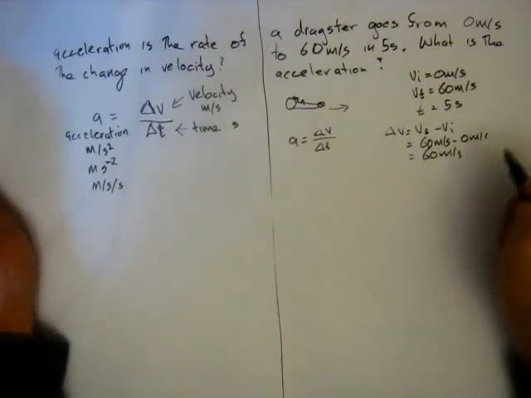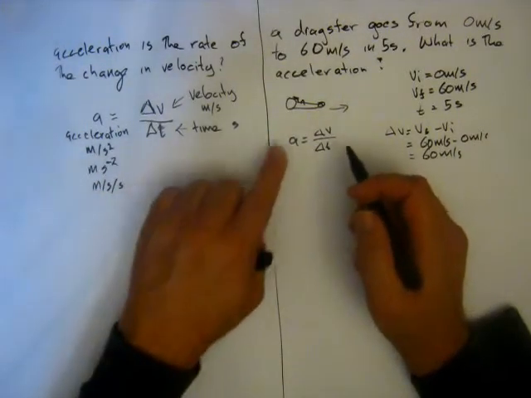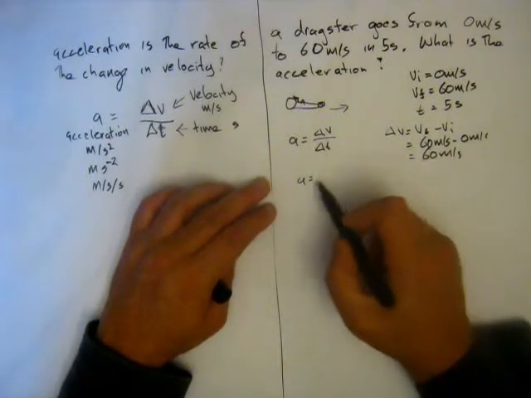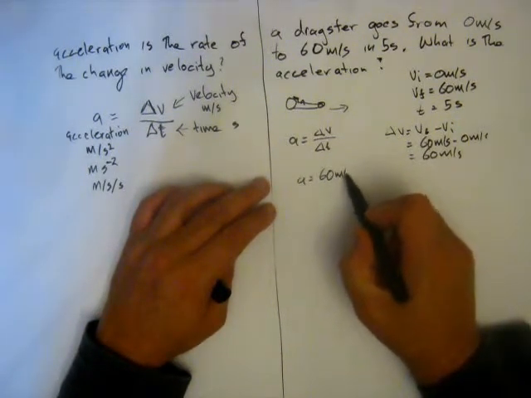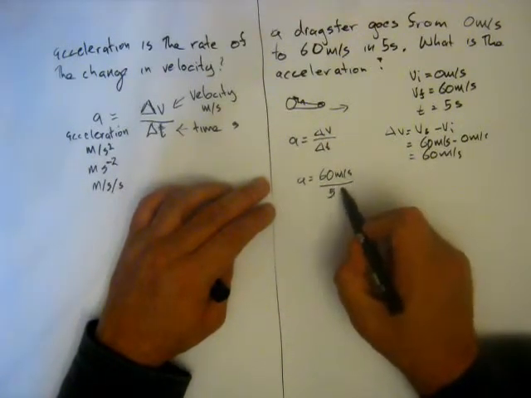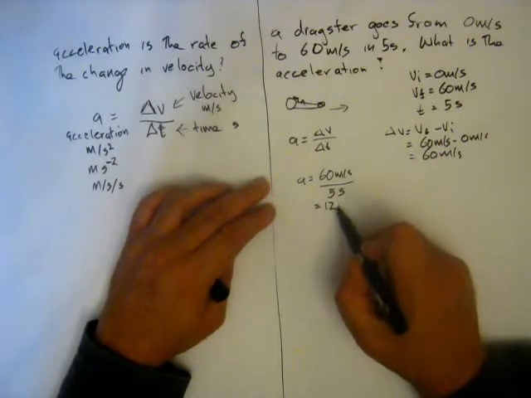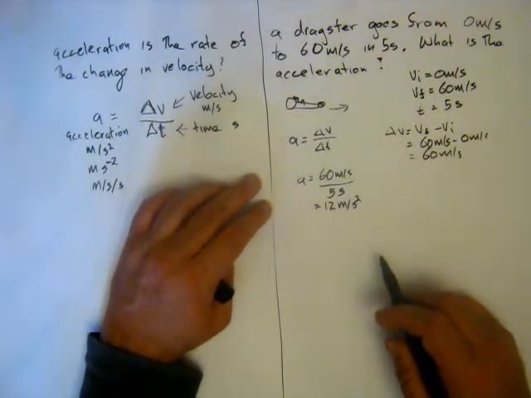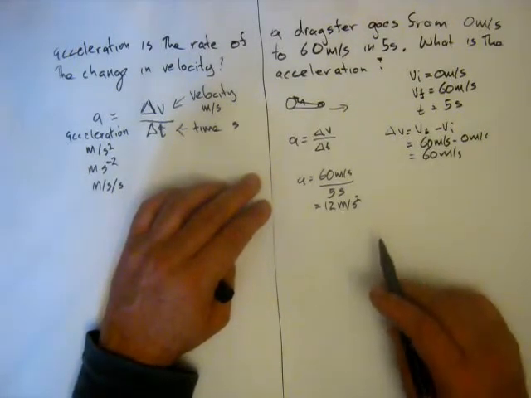Okay, bit trivial, I know. So acceleration is going to equal 60 meters per second, because that's the change in velocity, over 5 seconds, equals 12 meters per second squared. For a standard road car, that is incredibly quick. For a dragster, not so much.